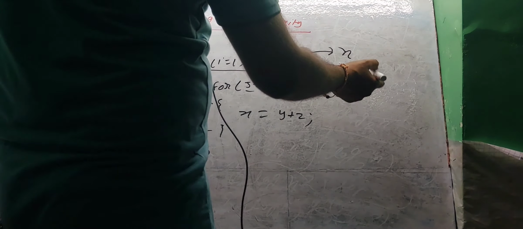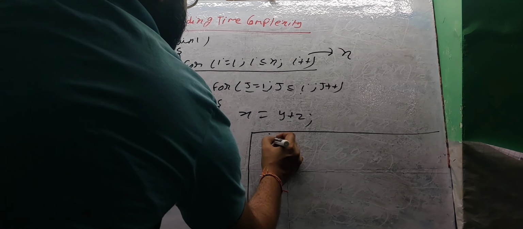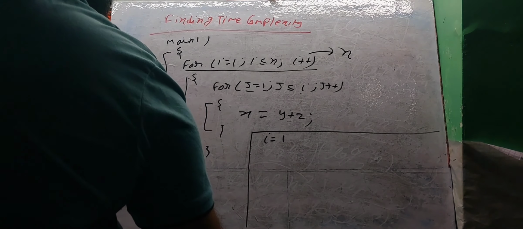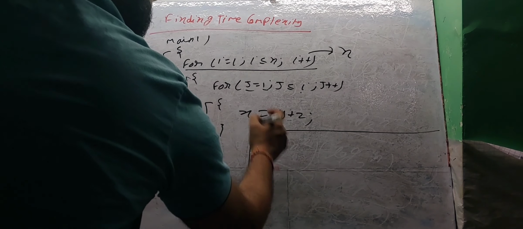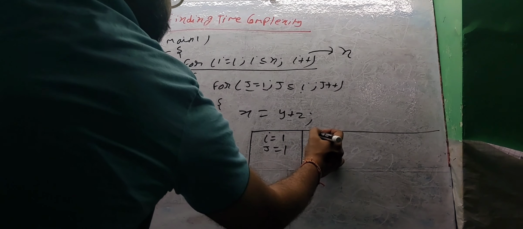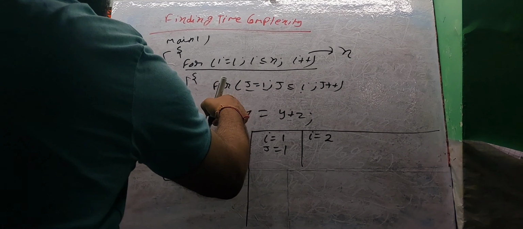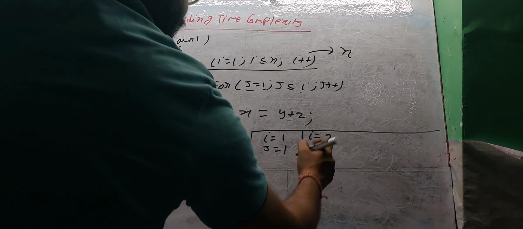So let us take an example and then we will understand. If i value will be 1, then this j loop will be executed for one time. If i value will be 2, then again j will be initialized from 1 and go till 2.